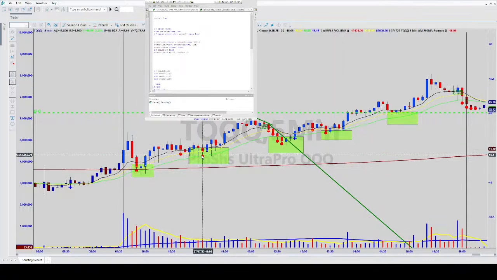Bingo. Bam, bam, bam, bam. I lost this though. That's because you got this bottom wick here that's pretty large compared to that whole range. I like that one though. I want that one too. So let's go back and see if we can tweak this.